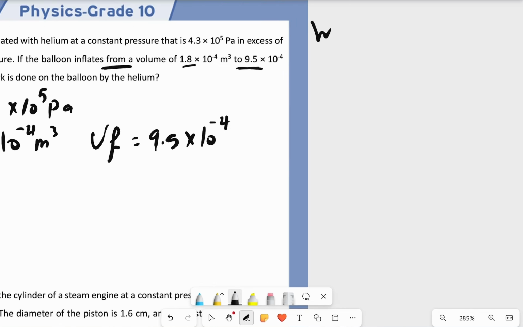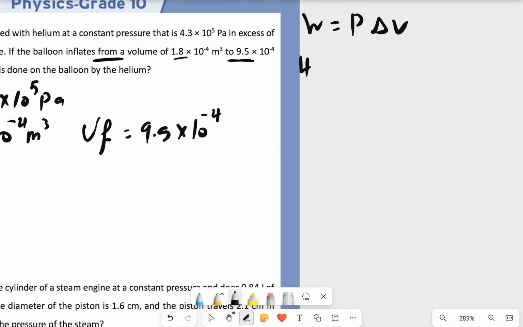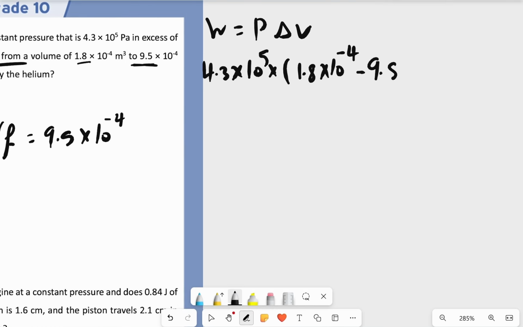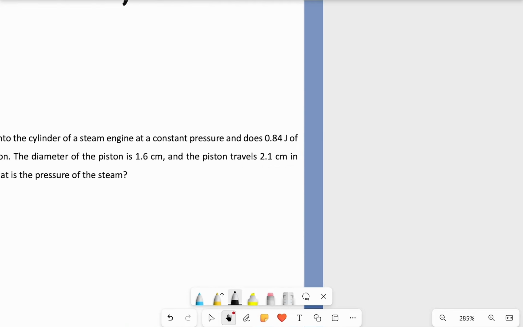So work is going to be pressure multiplied by delta V. Pressure was equal to 4.3 times 10 to the power of 5, times 1.8 times 10 to the power of minus 4 minus 9.5 times 10 to the power of minus 4. You get work which is equal to 331.1 joule. It's positive because work is done by the helium on the balloon.